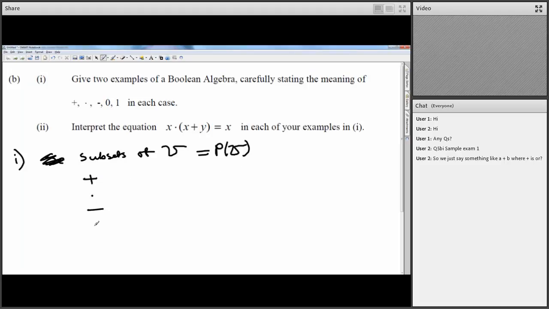So there's 5 key things in the pattern. You just have to identify them. So the plus corresponds to union. You can say that. So U or union. Multiplication corresponds to intersection. Overline corresponds to set complement.